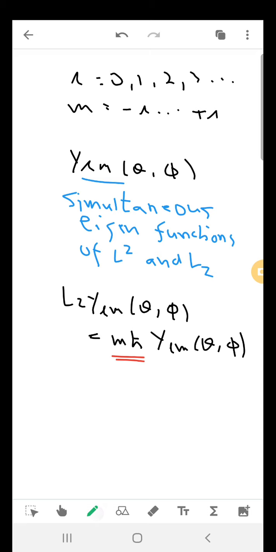Now, in classical mechanics, angular momentum L is represented as r cross p, the cross product of position and momentum vectors.